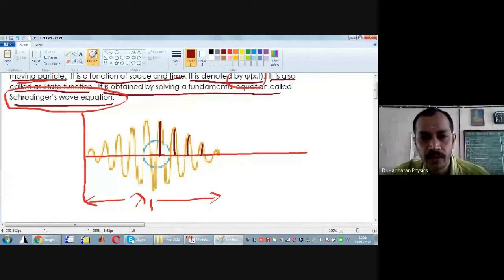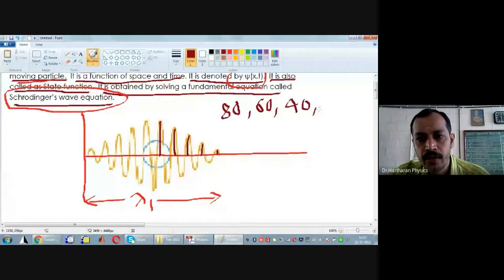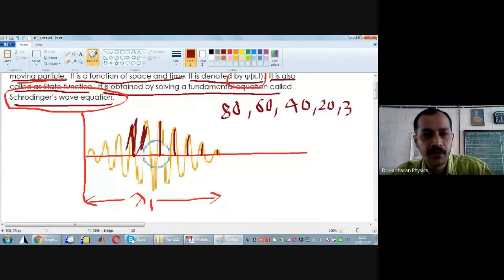So what are the numbers I took? 80, 60, 40, then 20 and 3. What are these? These are nothing but the height, that is, the amplitude of the wave. Once again, look here.